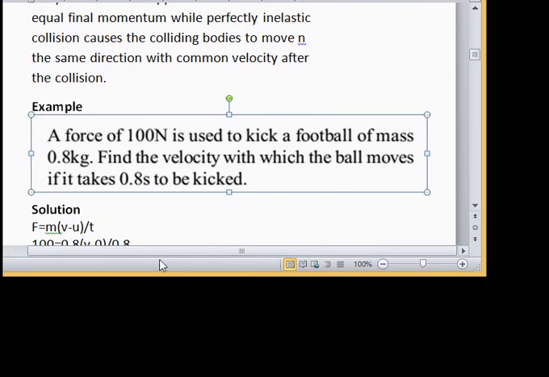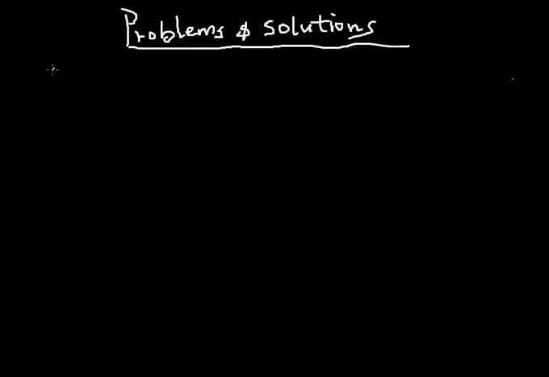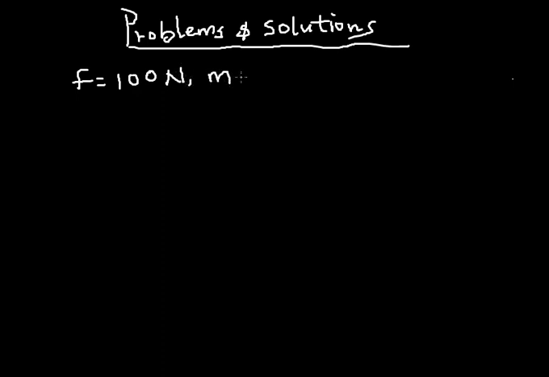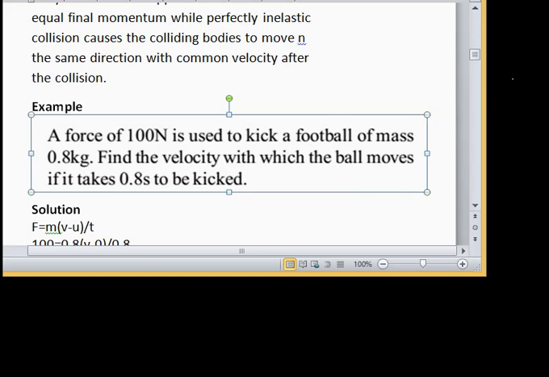The very first question I have here is: a force of 100 newtons is used to kick a football of mass 0.8 kg. So the force supplied is 100 newtons, and it's used to kick a football of mass 0.8 kg.